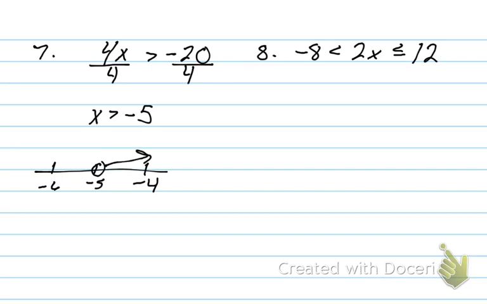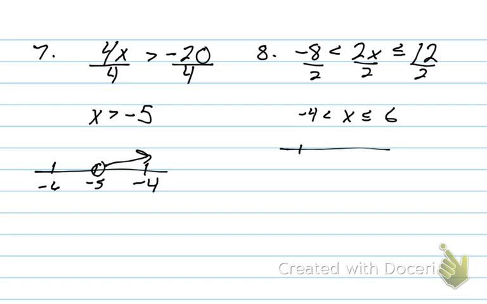All right, now on number 8, what do I need to do to solve that inequality? Eric? Divide by 2. Okay, across all of them. Negative 4 is less than x is less than or equal to 6. What number goes on the left side of my number line?